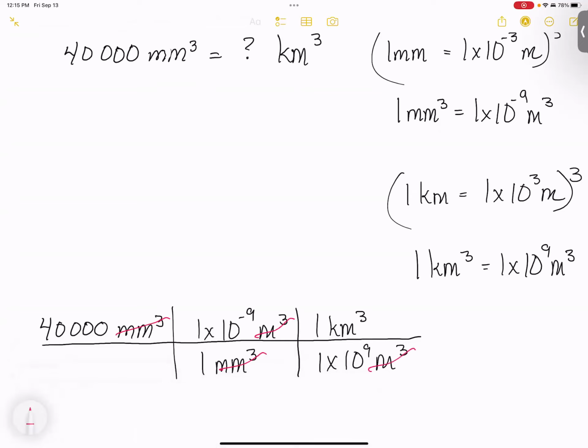That's how I determined the order of what went in the numerator and what went in the denominator. When you key this into the calculator, you get 4 times 10 to the minus 14 kilometer cubed.